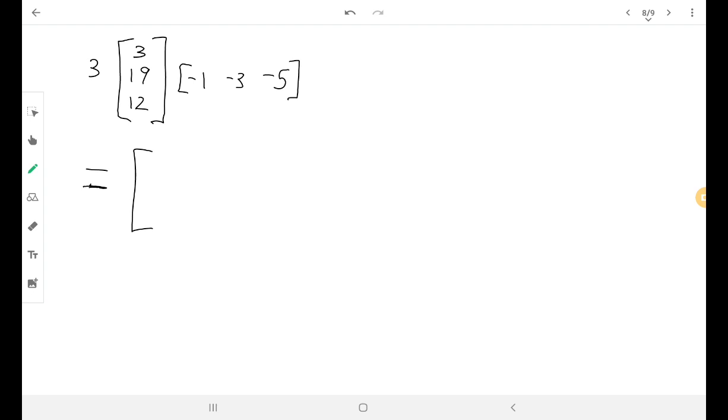So that'll be 9. 3 times 19 is 30, plus 27 is 57, and 3 times 12 is 36. So now I've got that new matrix times the matrix -1, -3, -5. Okay? So that's how we do that.